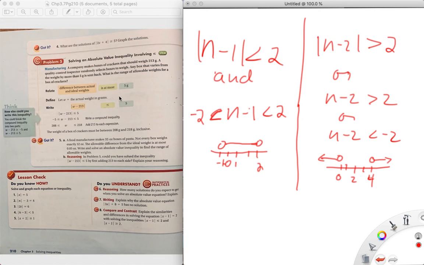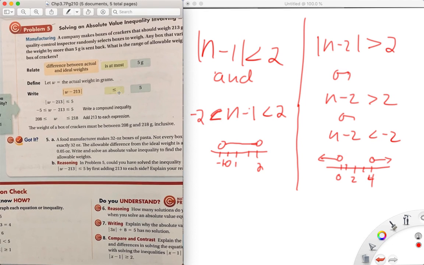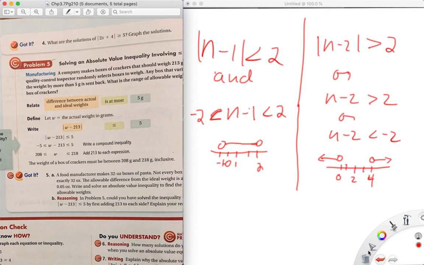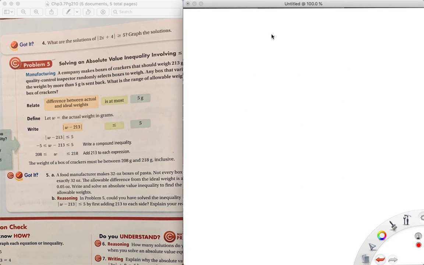So an example of this, they give us absolute value of 2x plus 4 greater than or equal to 5. So this is an OR situation. When I do this, it's going to be 2 scenarios.